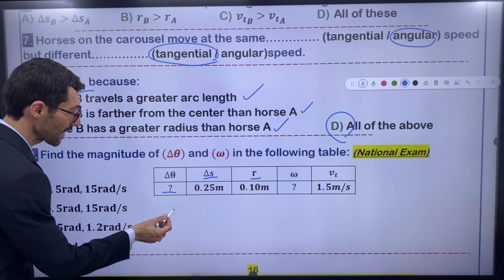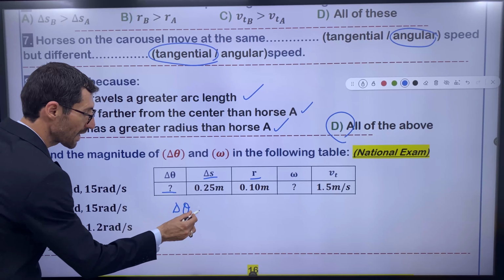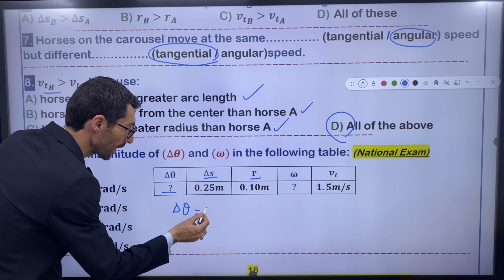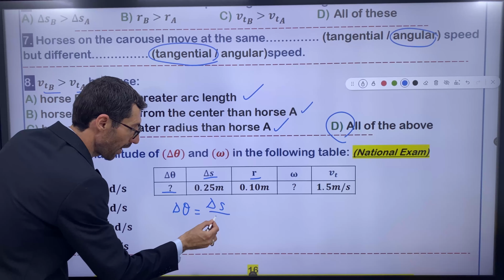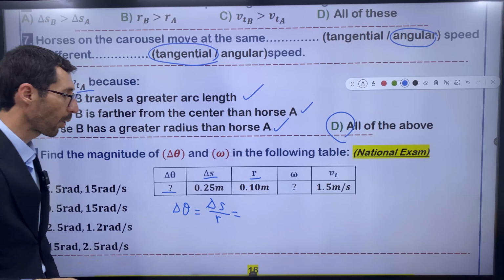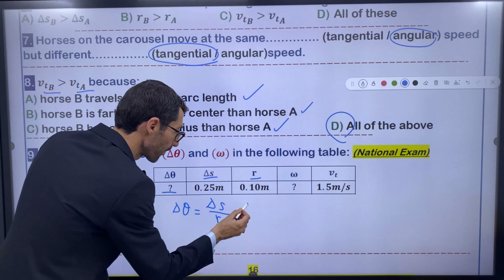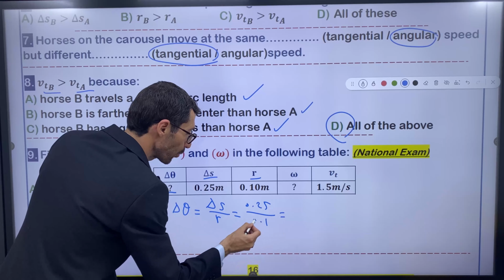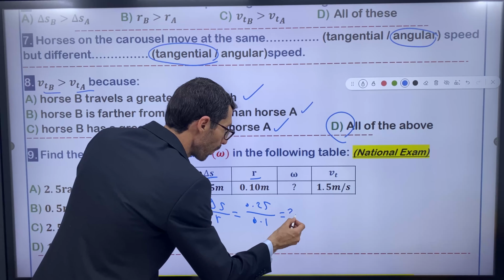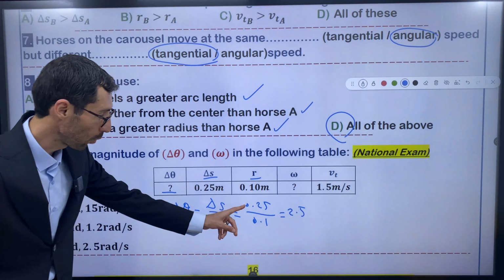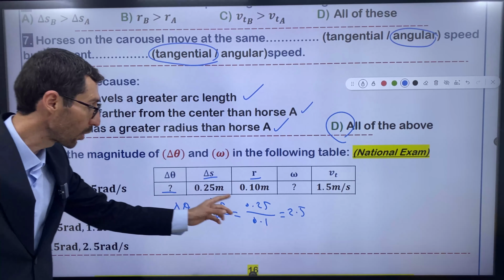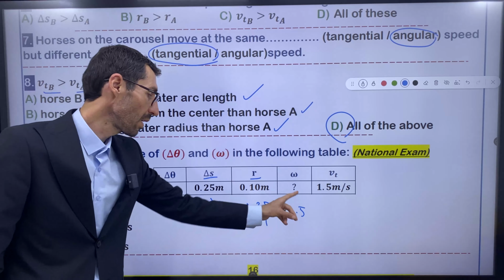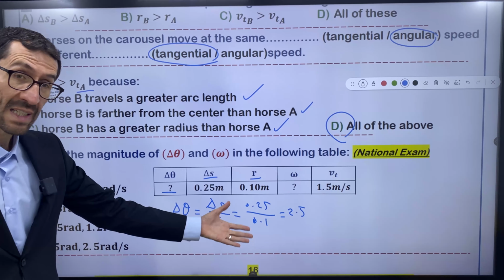Let me solve it for you. I say delta theta, the first equation from our textbook, delta theta is equal to delta S over R. I want to divide 0.25 by 0.1. And the answer will be what? The answer will be 2.5, because one decimal point goes with one decimal point, and one more decimal point is left behind.